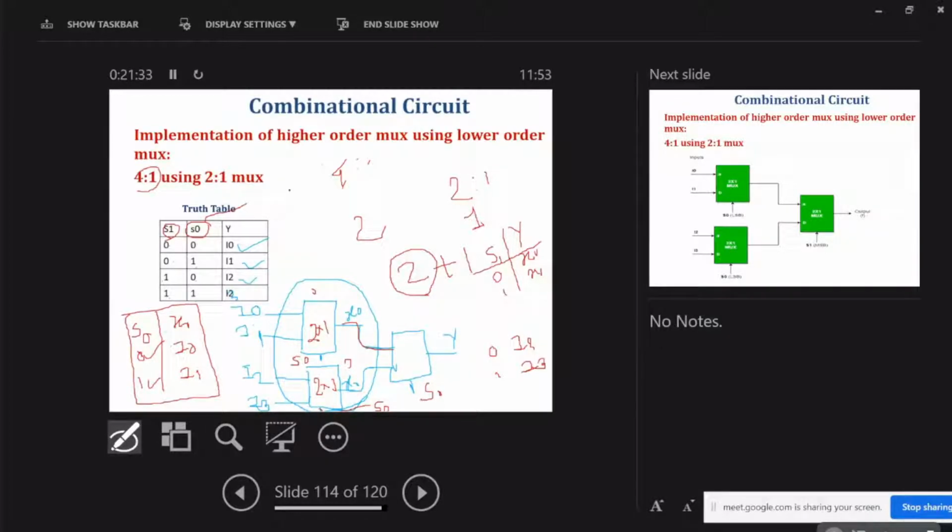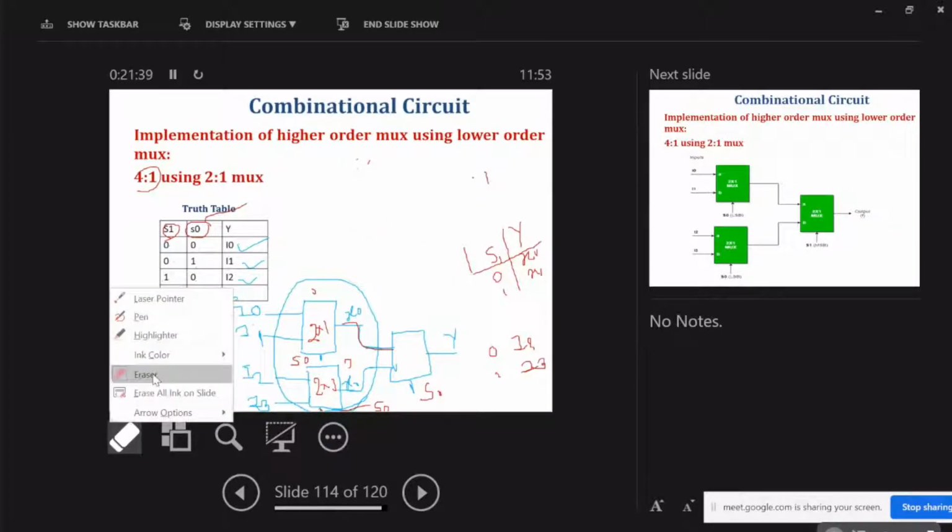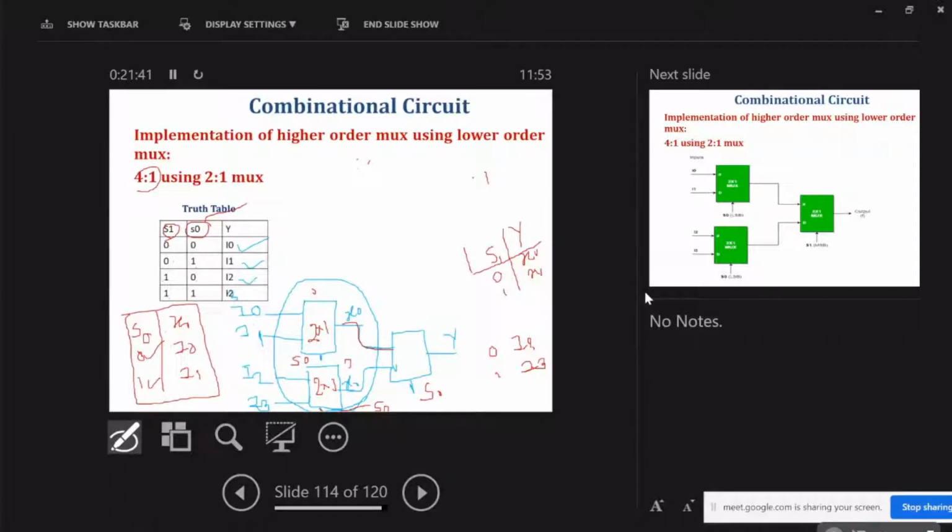If s1 is 0, then s0 takes two values, 0 or 1, so it will generate either i0 or i1. That is for x0.